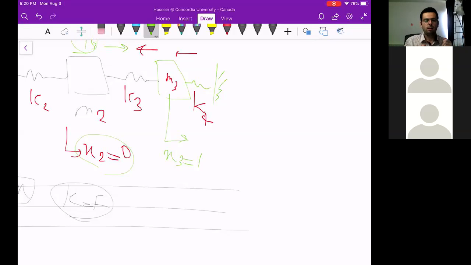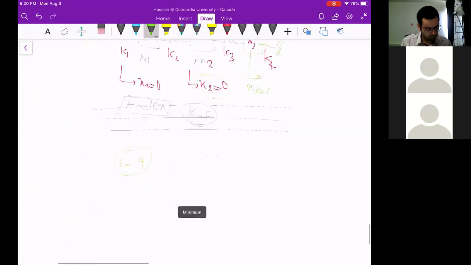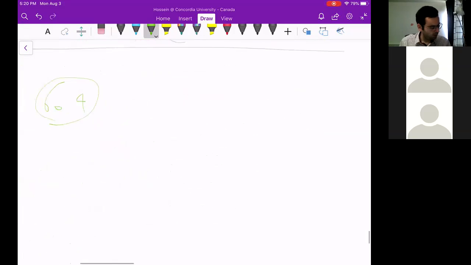You have to know how to reach from K to A and from A to K. Just take the inverse, that's it. Okay, no problem. Particularly and mainly you will be asked for the influence matrix rather than the stiffness. I just wanted to complete the scenario, but mainly you will be asked for the influence matrix.